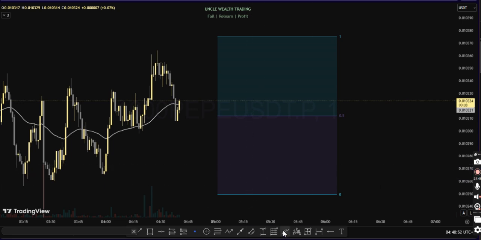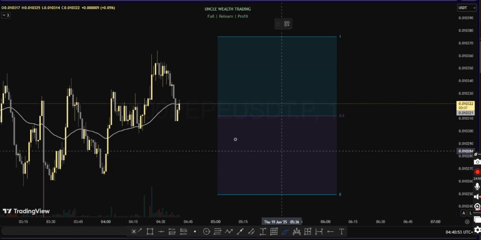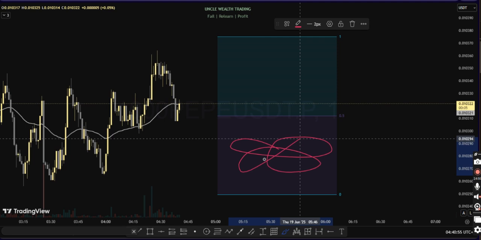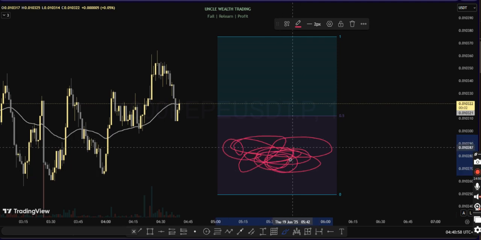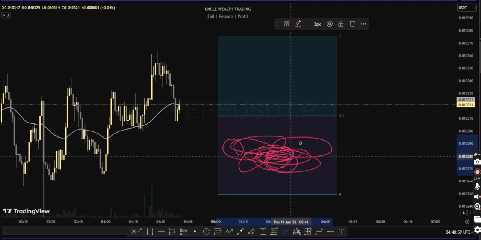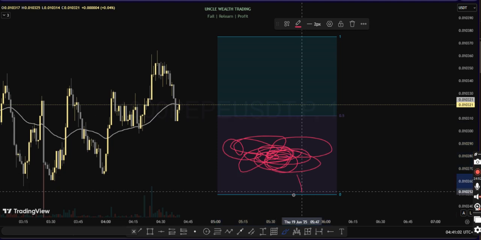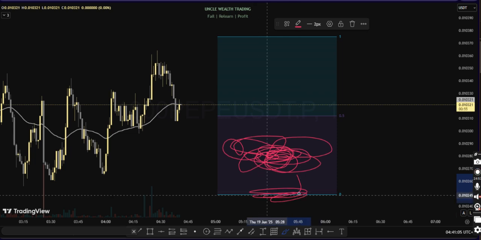You want your buy trades to be inside this zone, the lower zone, because the lower zone is the discount zone. Now, the closer it is to the zero line, it's even better for you to enter buy trades closer to the zero line.